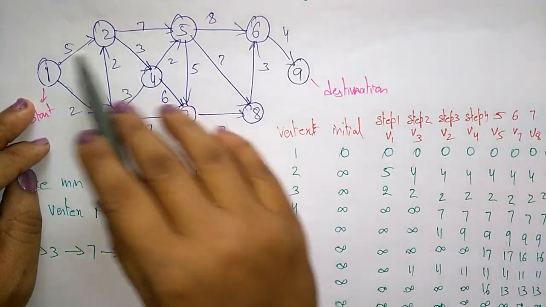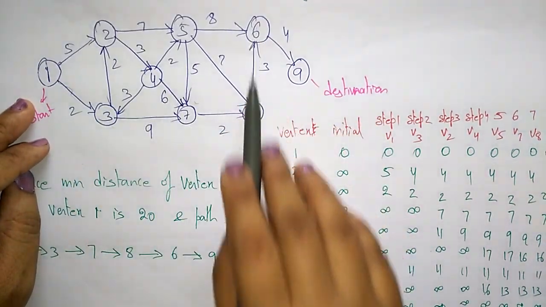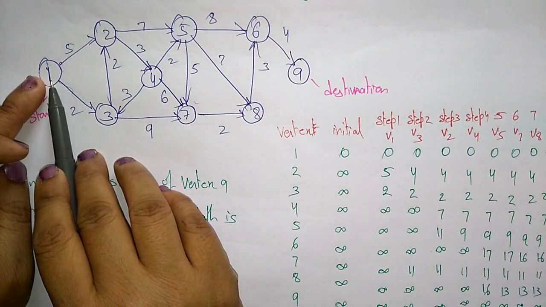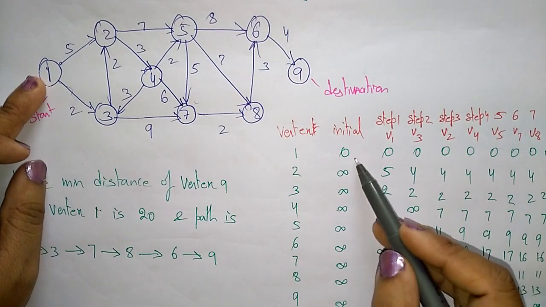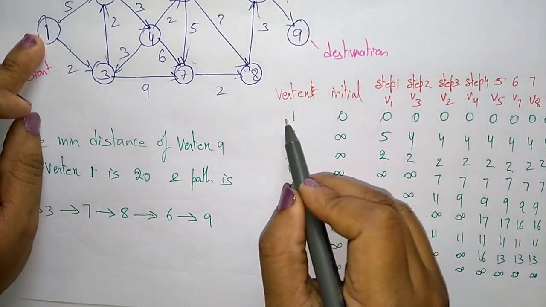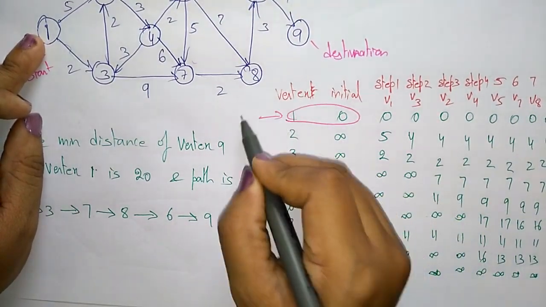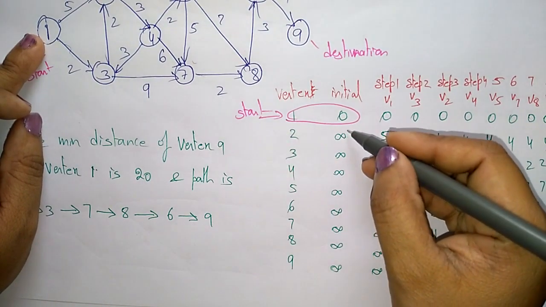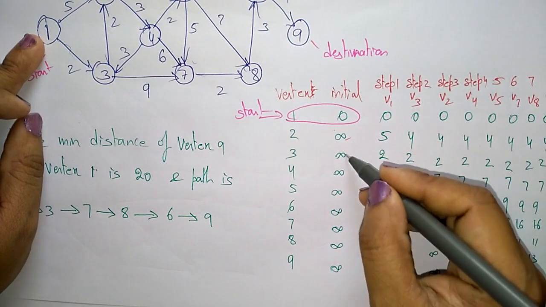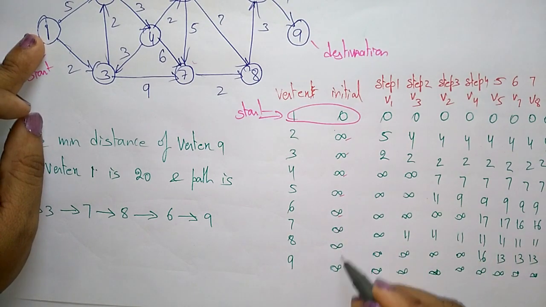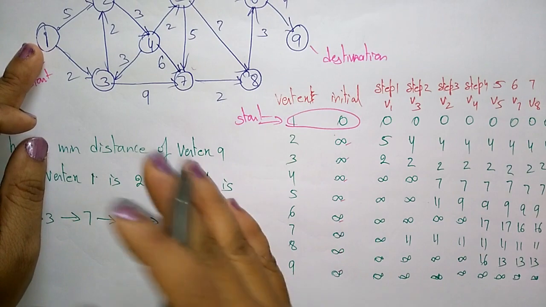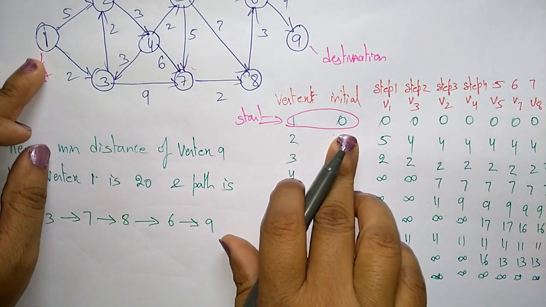Initially, all vertices except the start vertex are marked as infinity, and the start vertex is marked as 0.